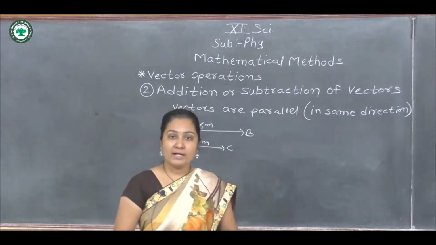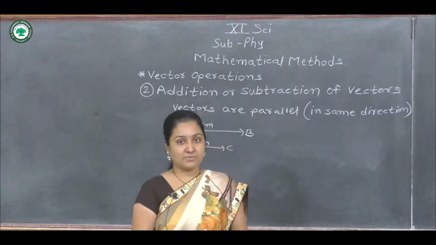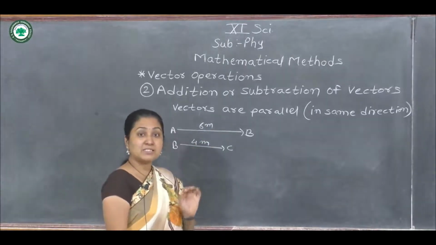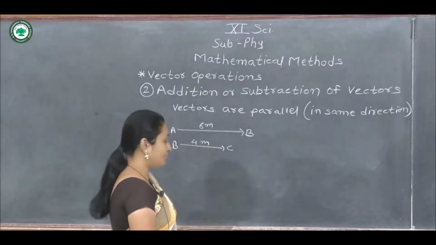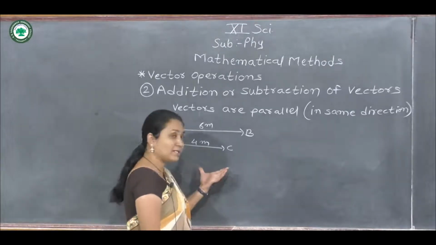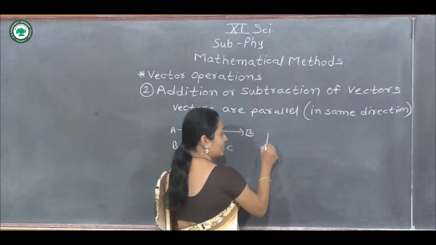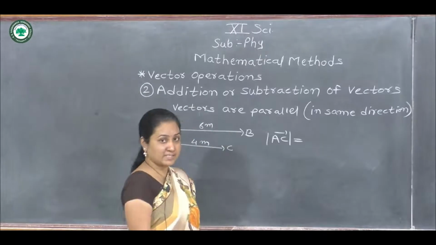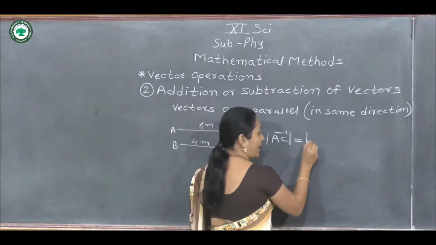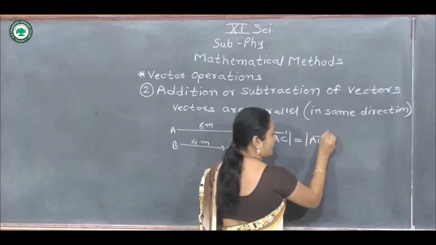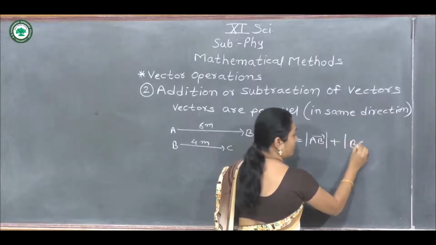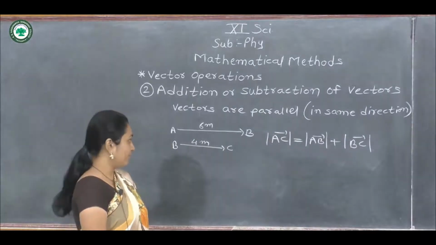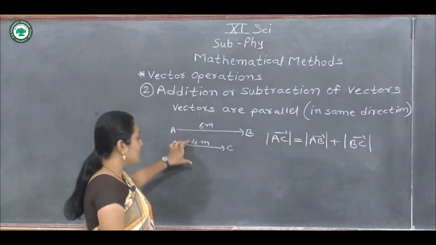Now we have to find the resultant vector of these vectors, that is by adding these two vectors we get the single vector. So here we have to find the resultant vector, that is, this is the resultant mod of AC bar, which is given by mod of AB bar plus BC bar, that is 6 plus 4.